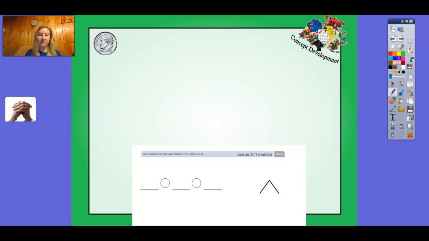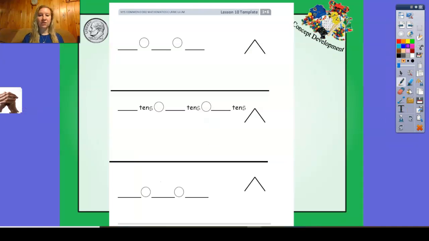Okay, our concept. We're going to start our concept development with a number sentence. 4 plus 3 equals, and one way we can do it is show it on our fingers. We can say 4 plus 3, and we can add it on our fingers. 1, 2, 3, 4, 5, 6, 7.